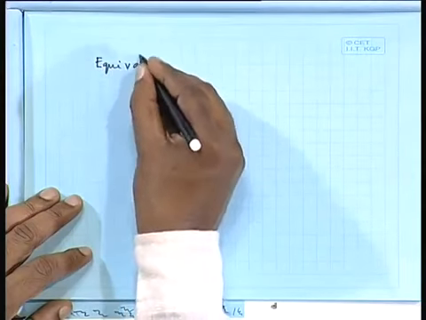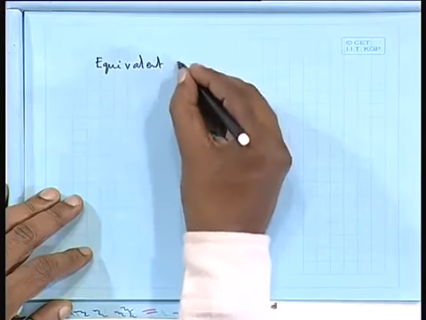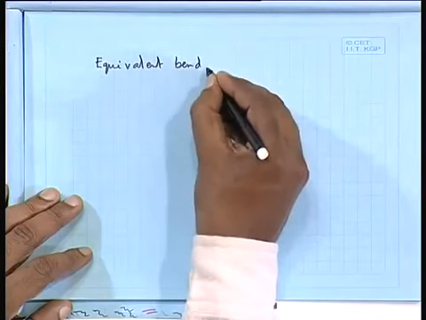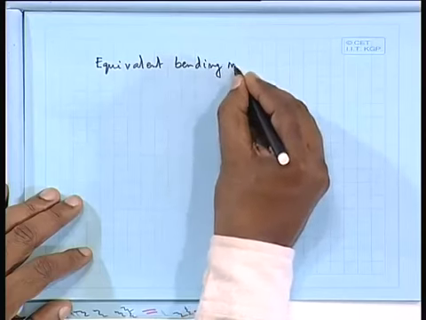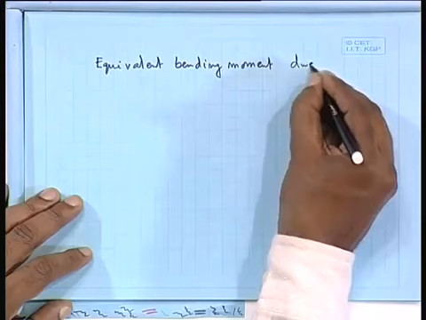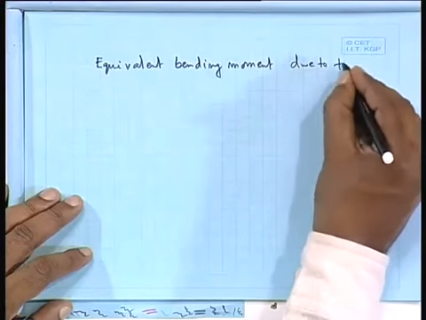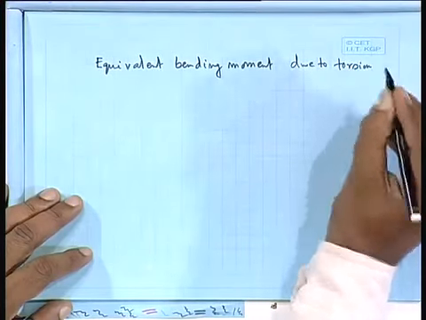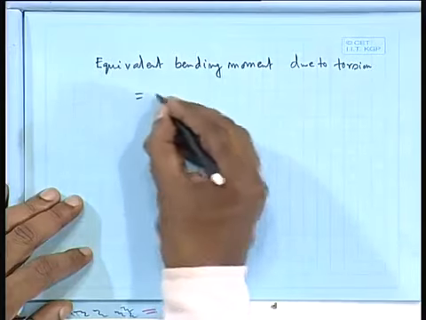That equivalent bending moment due to torsion, that we have got it, how much?